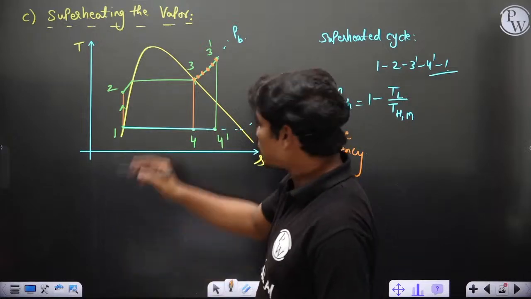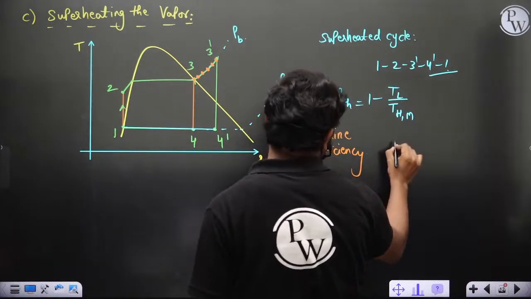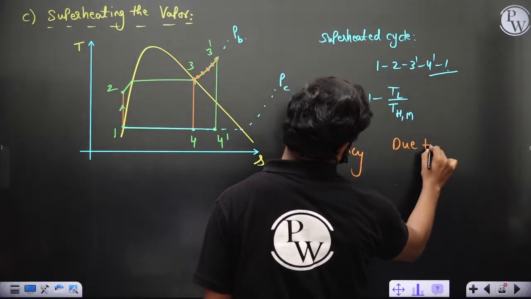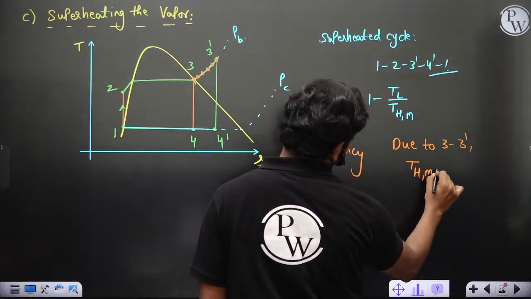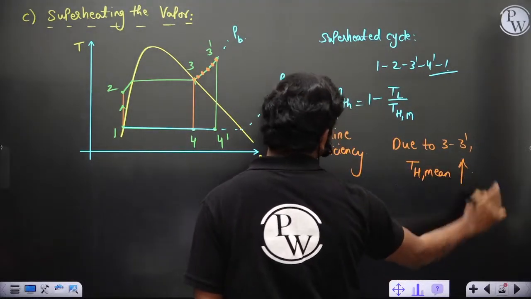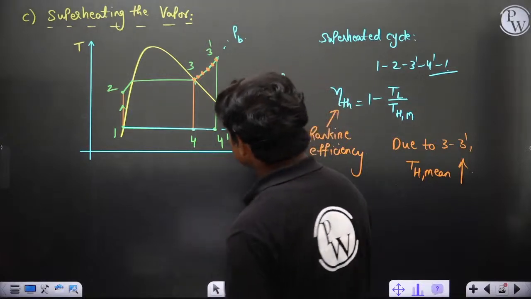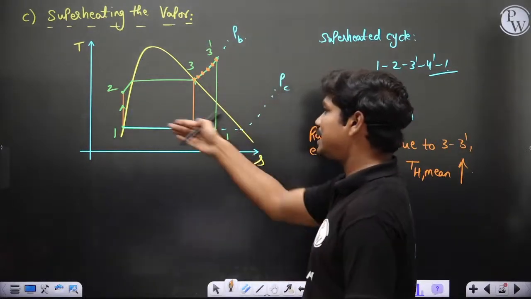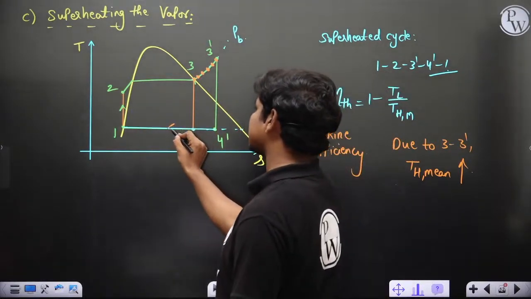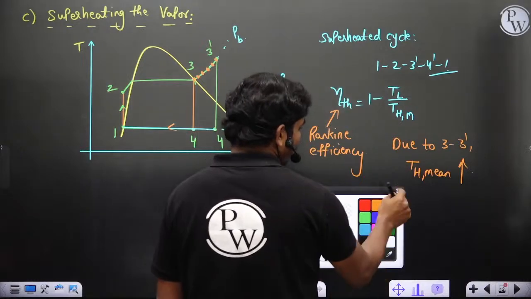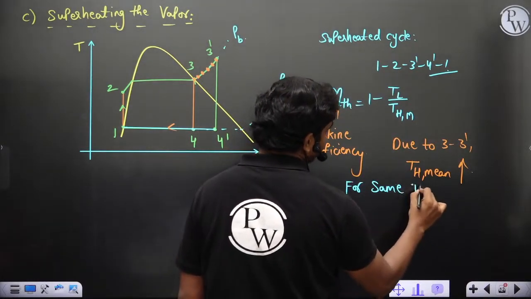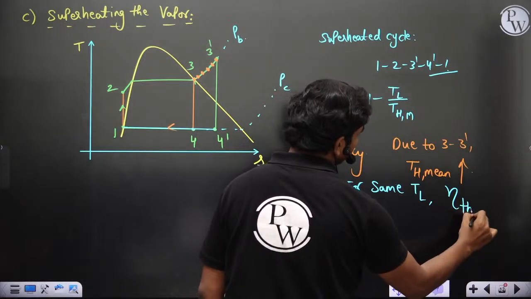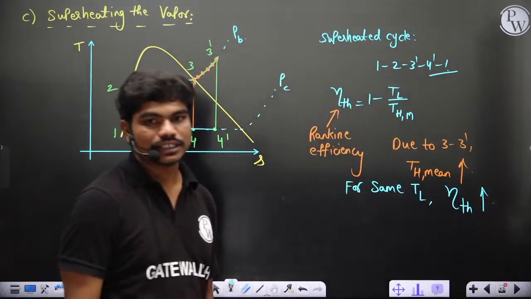Yes or no? Due to 3 3 dash, TH mean increases, correct? But you can see TL is still the same. So definitely for the same TL, thermal efficiency increases.